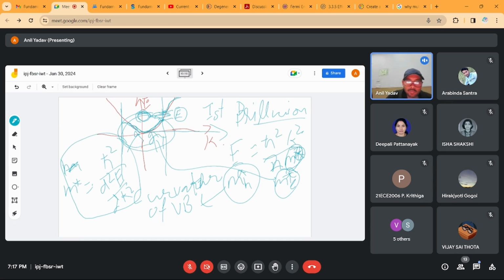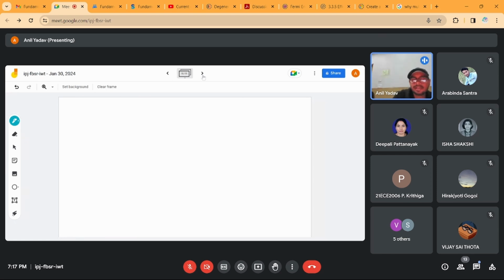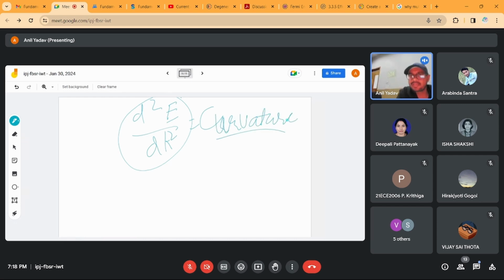Okay, if this is known, we call it curvature. In the next slide, d²E/dk² is the curvature. The effective mass m* is inversely proportional to the curvature.